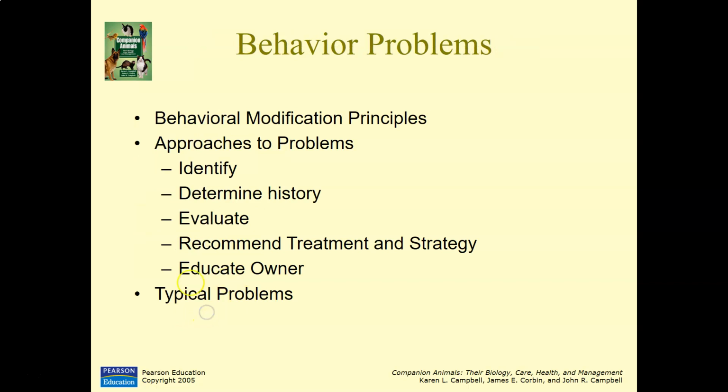Now we're going to talk a little bit about behavioral problems. First of all, understanding the different principles behind modifying behavior. There are all of these different training techniques that you can use. Habituation: exposing an animal to a stimulus that doesn't result in pain, and so they learn to ignore it.